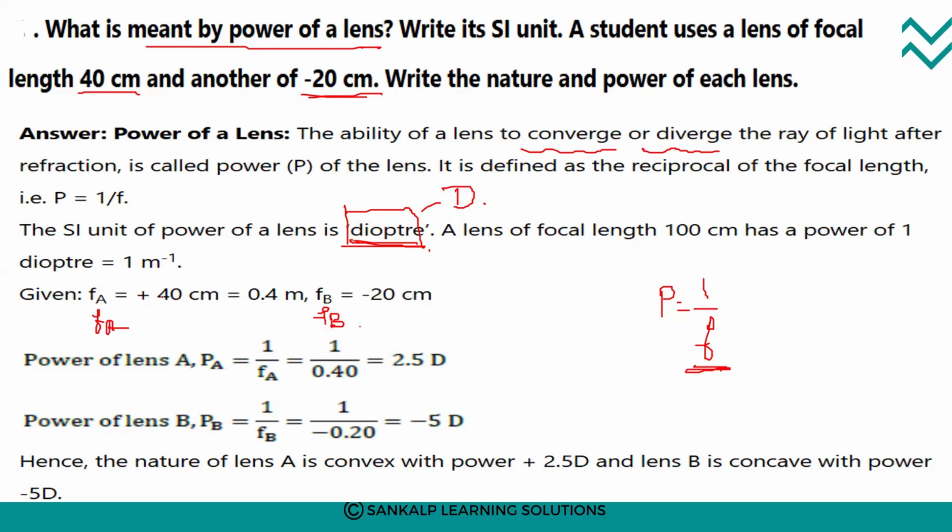So FA is plus 40 centimeter and the other one is minus 20 centimeter. Now write the nature and power of each lens.